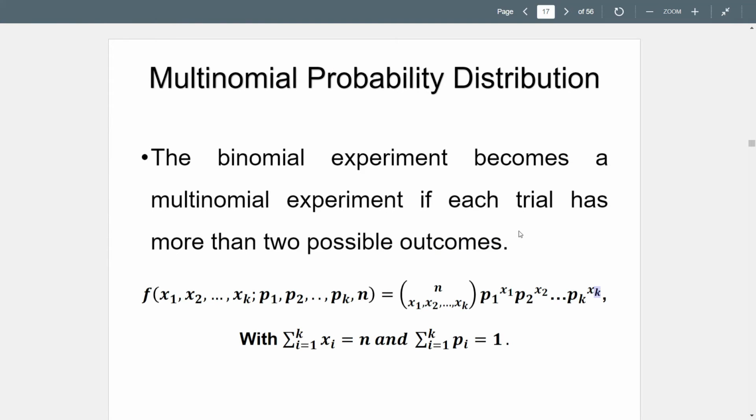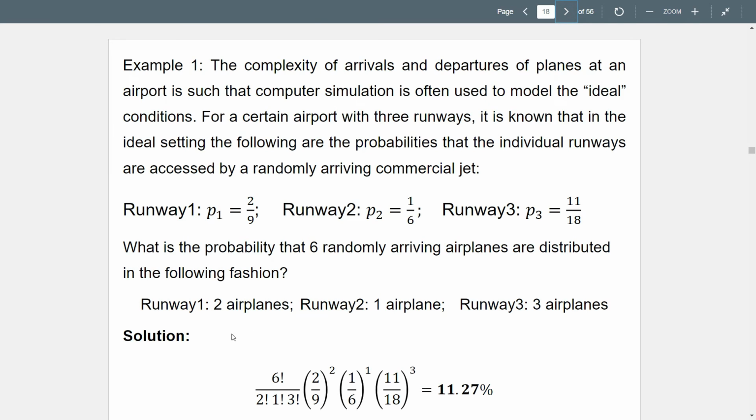Going back, you'll have this solution. That is n factorial over n1 factorial, n2 factorial, and n3 factorial, and these are the p1, which is the probability of success. So p1 raised to n1, p2 raised to n2, p3 raised to n3.